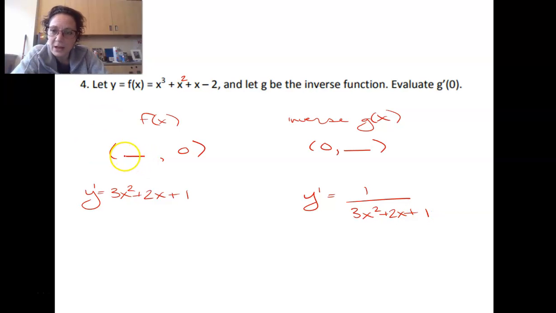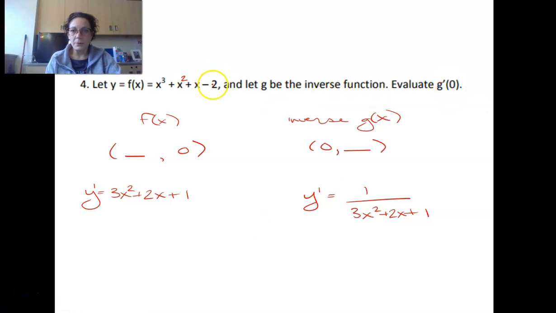So if I can find out numerically what my x value is here, all I have to do is pop it in here and then flip it over. And I'll have my inverse function's derivative at 0.